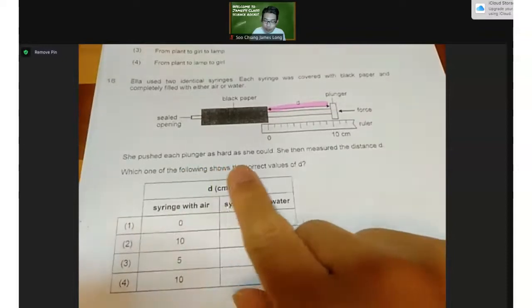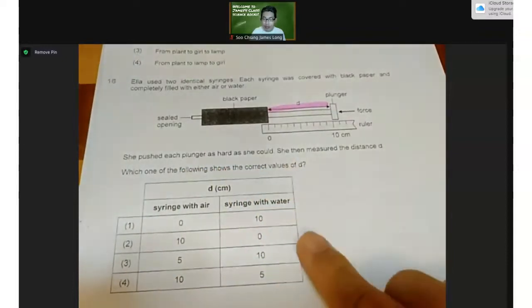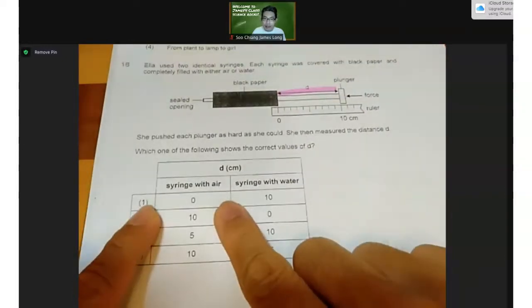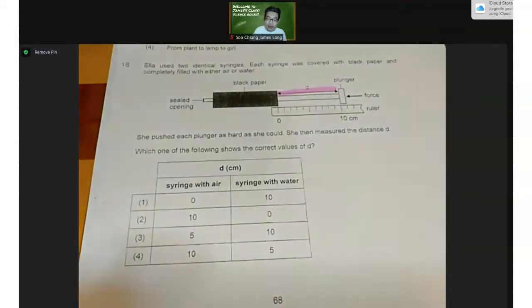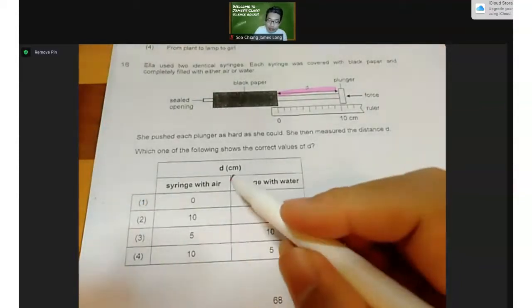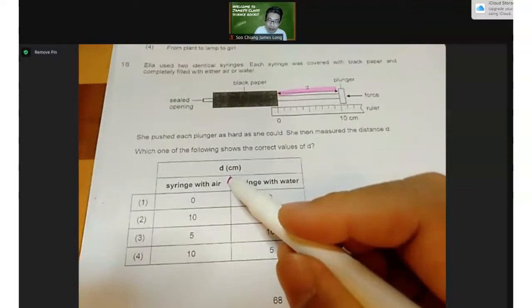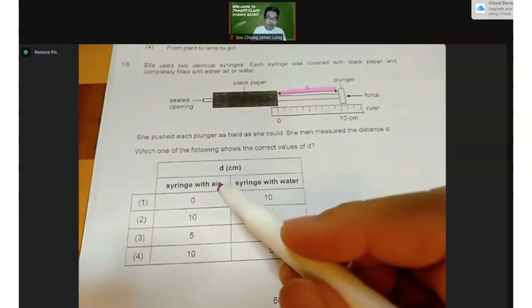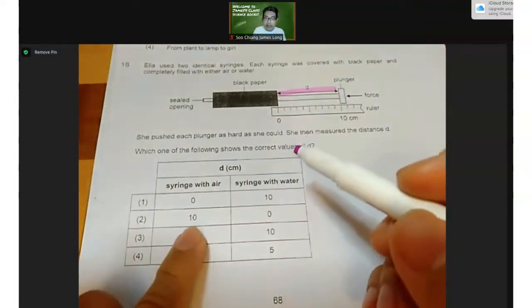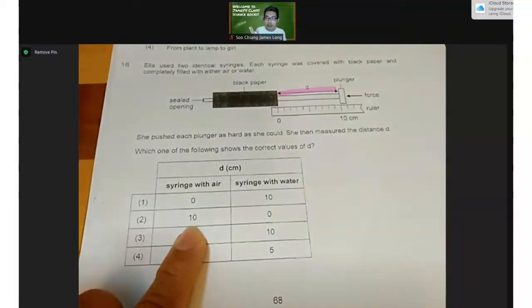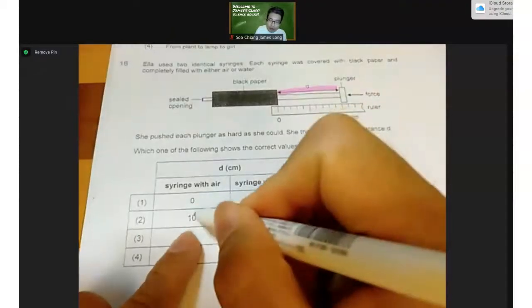Alright, let's see. She pushed each plunger as hard as she could. If it contains a gas, if it contains air inside, then of course she can push it in. So if it still remains at 10 cm, it means she cannot compress air, which is wrong, right? Air can be compressed, so this is wrong.